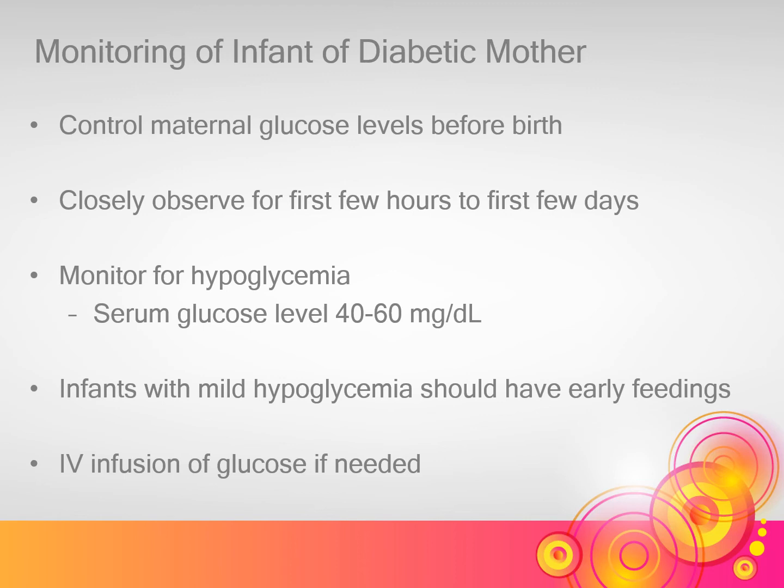So this is going to be done with capillary heel sticks. A serum glucose level should be 40 to 60 in a baby. Infants with mild hypoglycemia should have early feedings, and it doesn't matter if it's bottle or breast. And in extreme cases, an IV infusion of glucose may be needed.